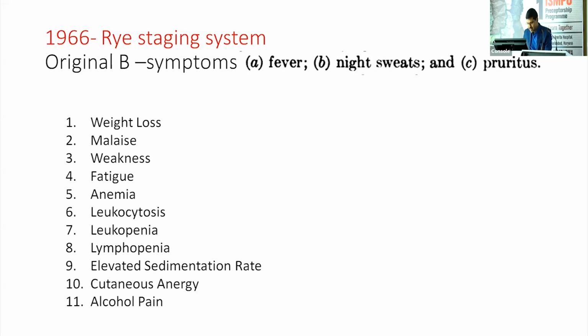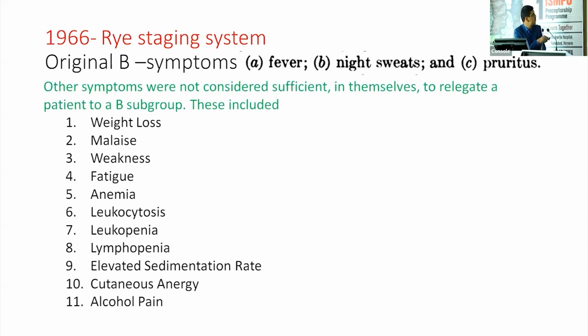And in this paper, I think they noted that other symptoms, like all these 7, 8 symptoms, are very important, but they found, because of multivariate or univariate analysis, that they were not sufficient in themselves to be called a prognostic marker. If you read these symptoms: weight loss, malaise, weakness, fatigue, anemia, leukocytosis, leukopenia, lymphopenia, elevated ESR, and alcohol pain.